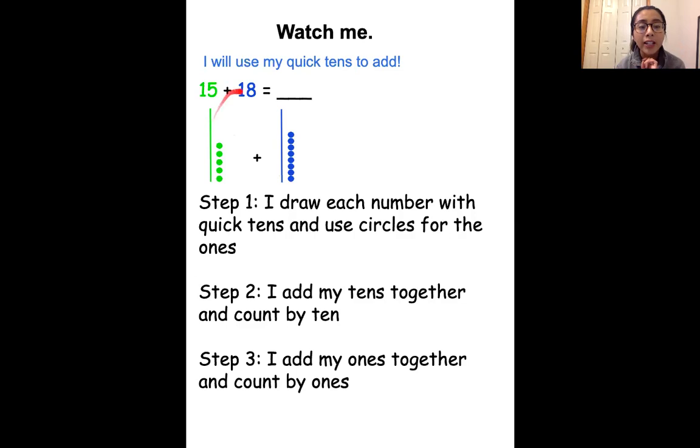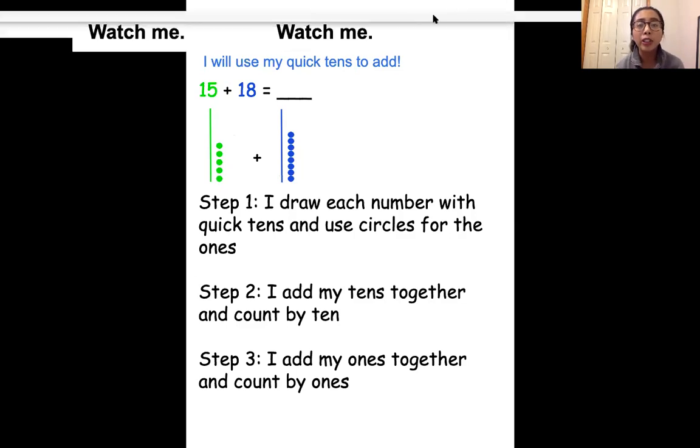So I said 10, 20, 21, 22, 23, 24, 25, 26, 27, 28, 29, 30, 31, 32, 33. So my answer is 33. 15 plus 18 is 33.